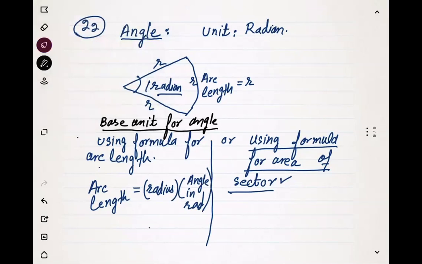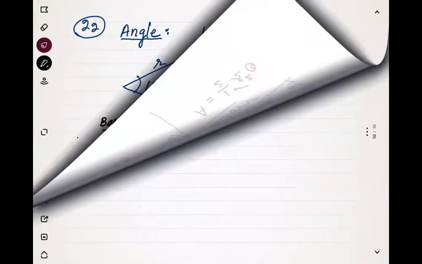Using the formula for area of sector, it is given as 1/2 r square theta. Arc length S will be equal to r theta. Now, if we look at this situation, then we can get a base unit for angle.